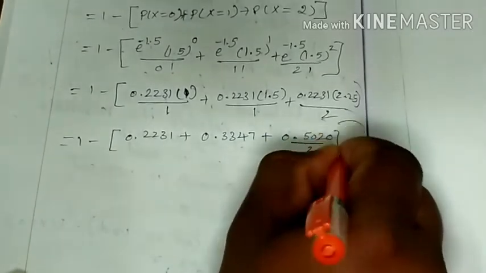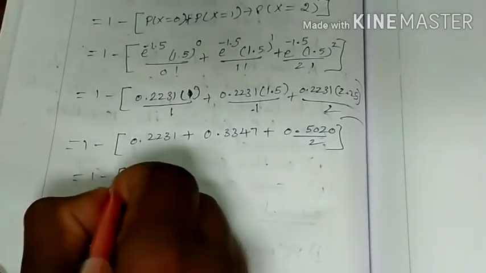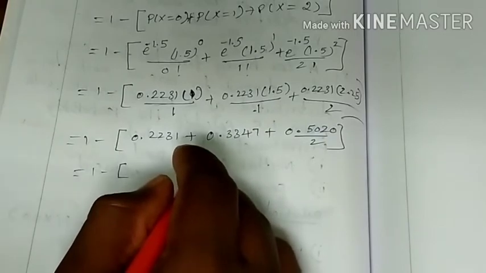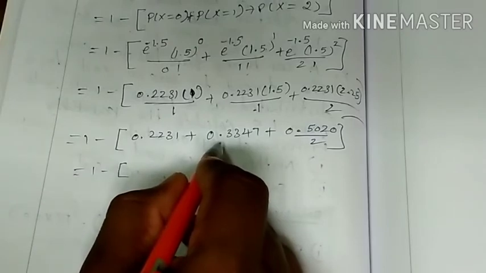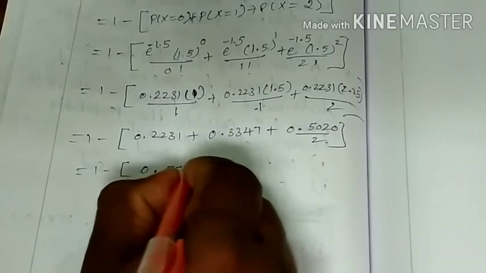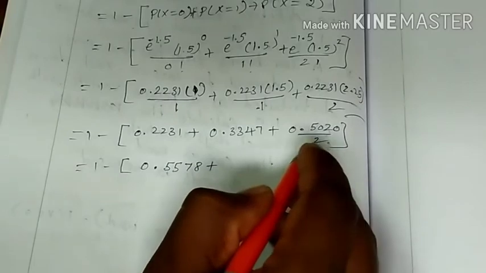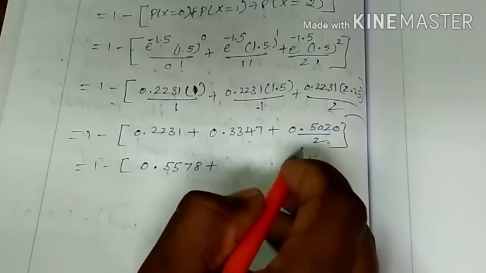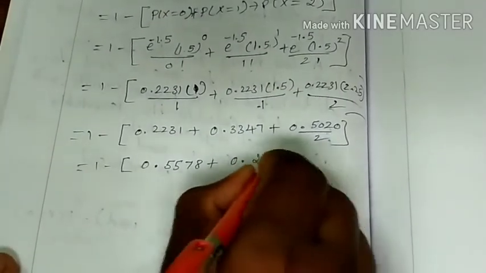0.5020 divided by 2. So here, 1 need not be written. So 1 minus the sum of these values: 0.2231 plus 0.3347 equal to 0.5578, plus 0.5020 divided by 2 equal to 0.2510.